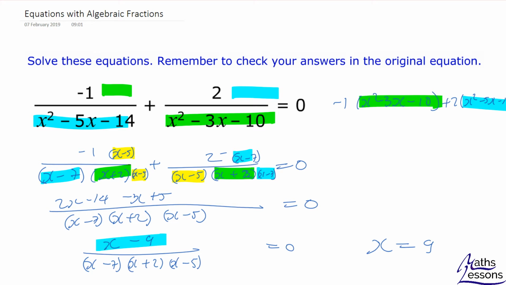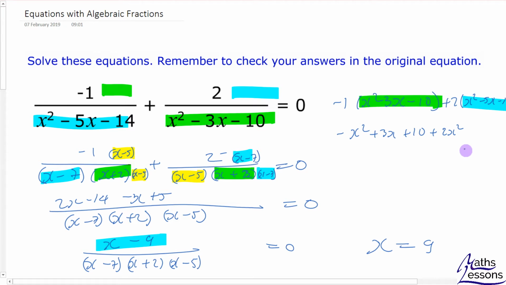Let's have a look what happens. Actually, let's multiply it out first. Get minus x squared plus 3x plus 10 plus 2x squared. I'm not liking where this is going because I've got an x squared in my answer. I'm wondering why. Okay, let's keep going, see what happens. Minus 10x.